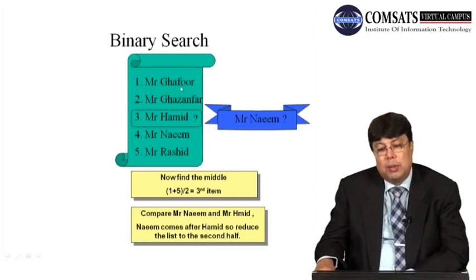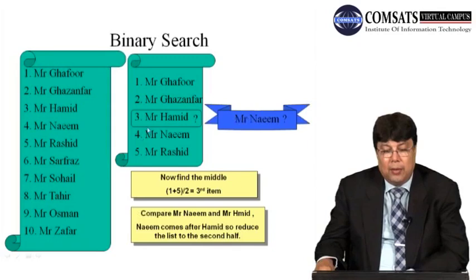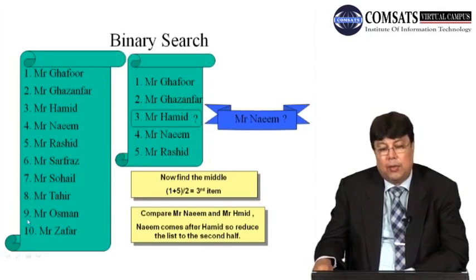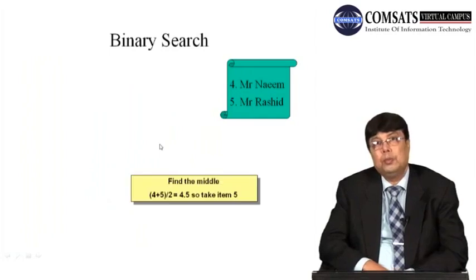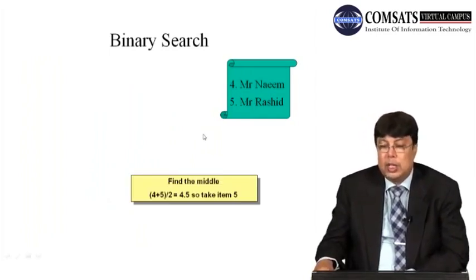We can discard this 50%, and this time we will have only Mr. Naeem and Mr. Rashid. The list is reduced to half, and next time it is remaining only 2. Out of 10 there were 5, and now after this comparison, there are 2. Okay, now we find out the middle, which is 4 plus 5 divided by 2, which is 4.5.